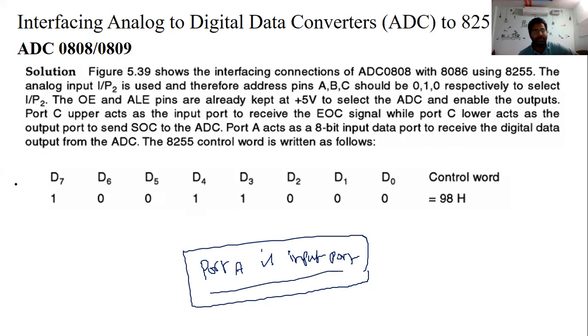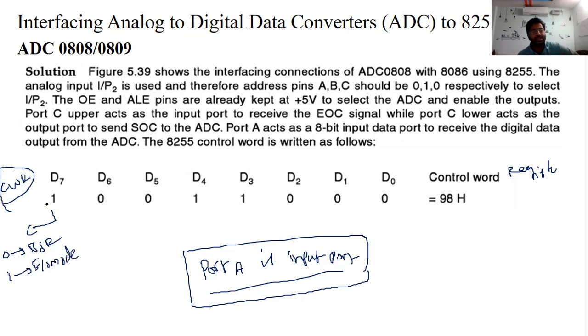This is the CWR, the control word register. In this control word register, you know that the D7 bit is equal to 0 for BSR mode, and equal to 1 for input output mode. You know that very well.